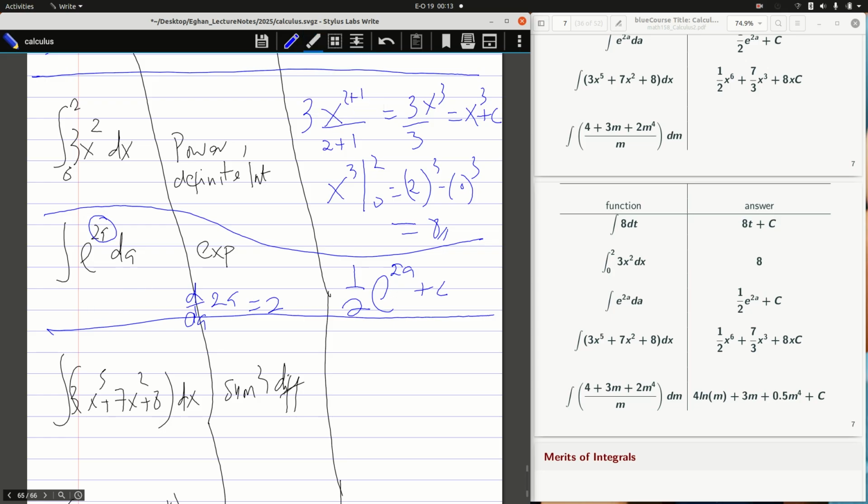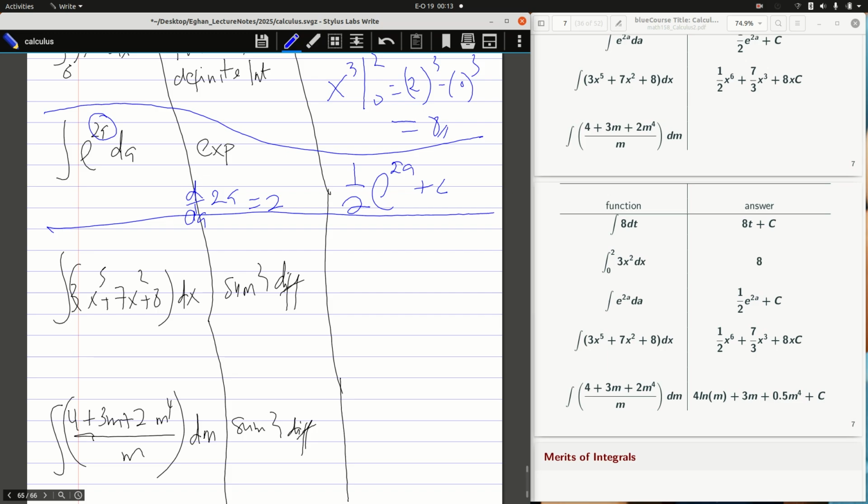Okay, now let's take the next example, which is the sum and difference rule. What I can do here is take it term by term: integrate this term plus integrate this term plus integrate the last term. That is the sum and difference rule.